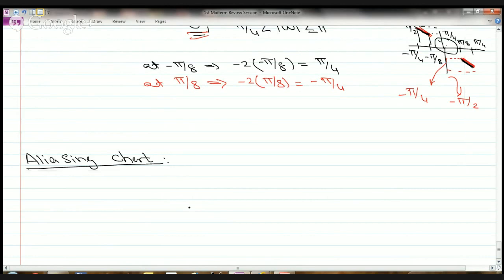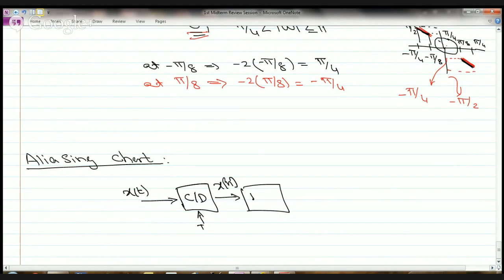So remember, if you take an input signal x of t, you sample it with a time period t, and then you do nothing else, but you just pass it through an ideal reconstruction again and get back x hat of t. What we know is that either you will get back the original signal, or you will have aliasing of the frequencies.